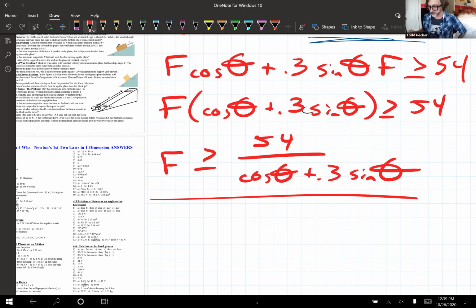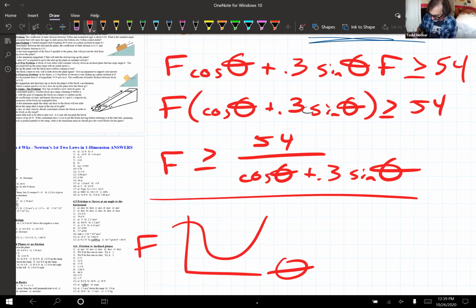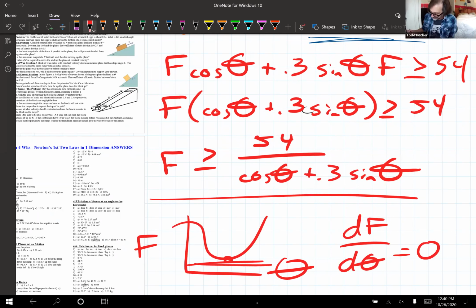If you graph F versus theta, it's going to give you some kind of function that looks something like this, and we need to find this point. So we need to find the point at which the derivative of the force as a function of theta is 0, so that we're finding that minimum point.